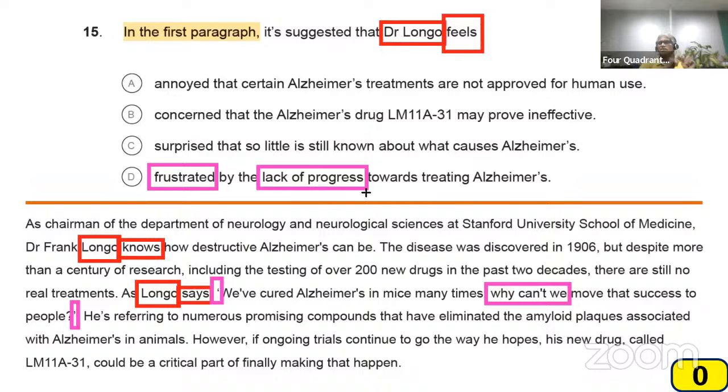They succeeded in treating Alzheimer's in mice. But in humans, why not? That's the point. So, lack of progress. We can't move that success to Alzheimer's in people.